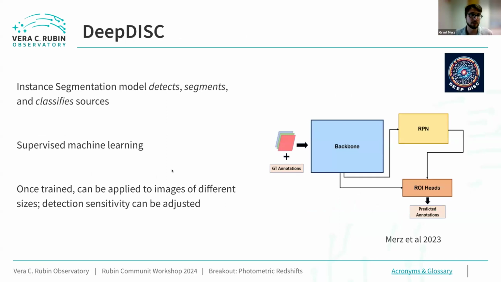So DeepDISC at its core is an instance segmentation model. So it's maybe a bit more complex than a traditional CNN. It's designed to detect, segment, so assign pixels to a given detected object, and then classify sources. And these are built off of, if anybody's seen those videos for self-driving cars that are able to identify different objects through the camera attached to the car, this is the foundation that drives a lot of this computer vision research.